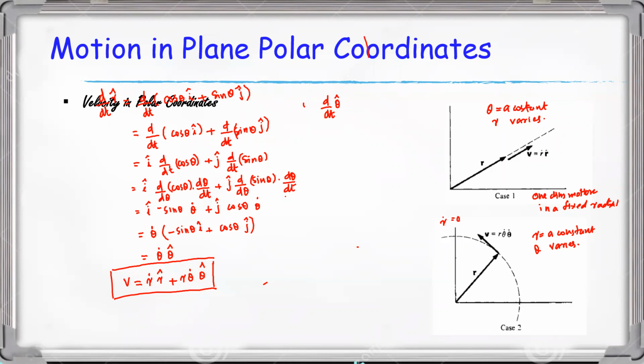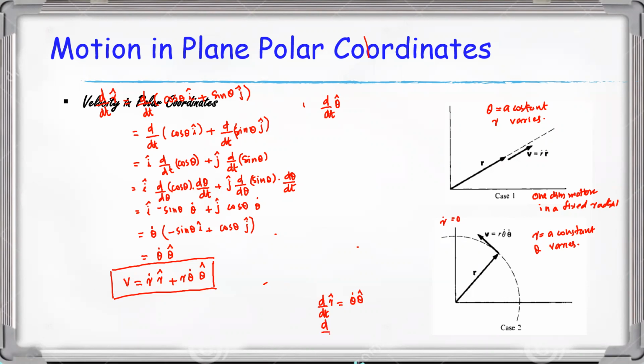Here we found d by dt of r cap is equal to theta dot theta cap.